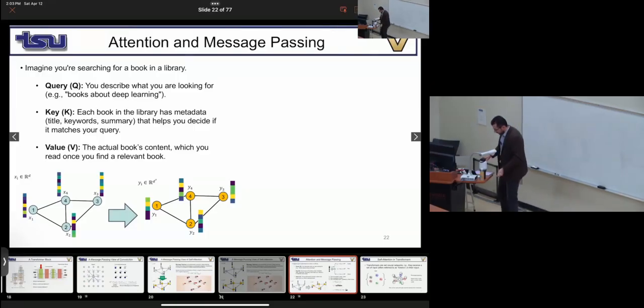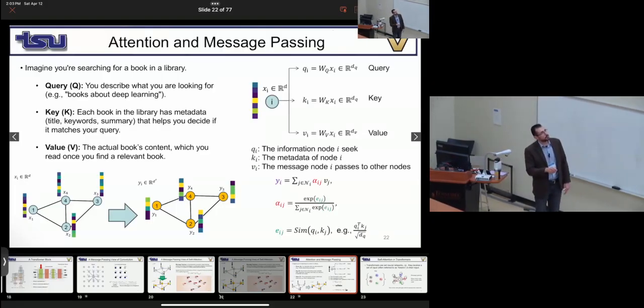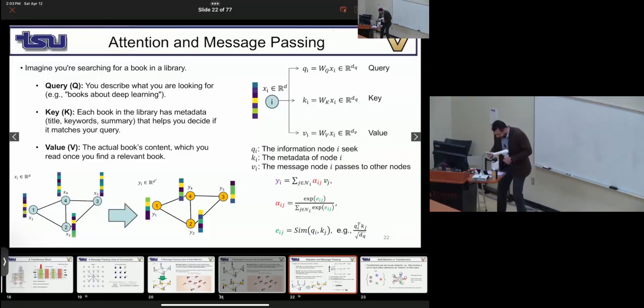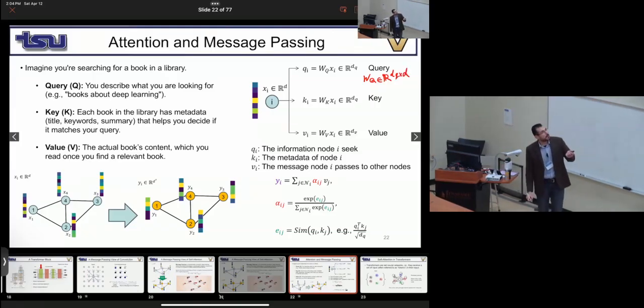So let's mathematically formalize this. Each node i is going to have a feature xi. We are going to create a query simply as a linear function of xi. xi is a d-dimensional vector. This W_Q is in R^(d_q by d), and you create a query for that node i.